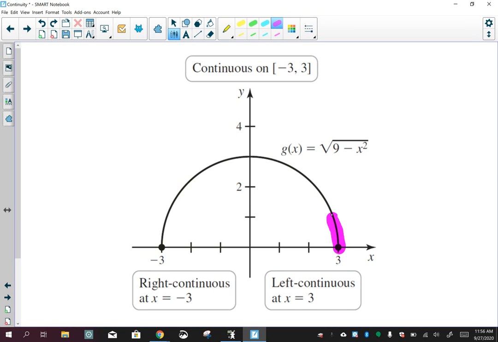I am left continuous at 3 because I can start at 3 and go left. But notice I'm not left continuous at -3, because if I was, I would be able to continue on to my graph, and there's nothing for me to continue on to. So I cannot be left continuous. I am only right continuous.